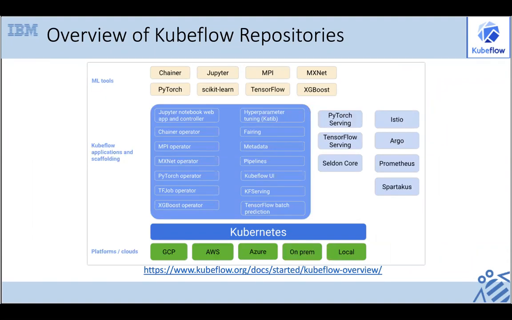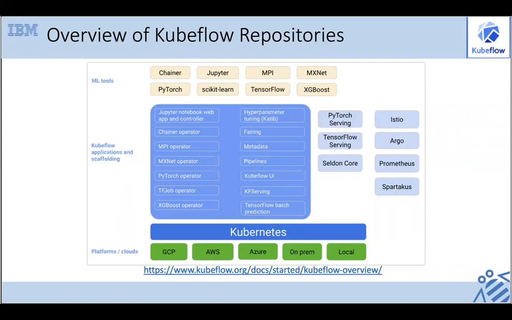So usually in a client machine, you will have some ML tools. In this case, it would be some machine learning frameworks like Trainer, PyTorch, TensorFlow, MPI, those kinds of packages for your clients. And then inside the Kubeflow application stack, each of those clients could be used for different operators for doing distributed training.